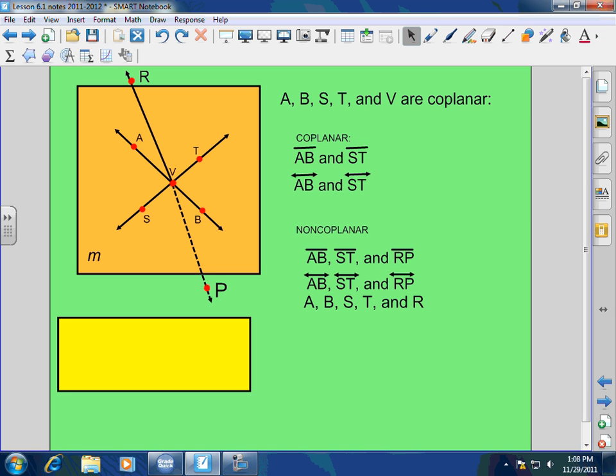The question was, if it's outside the box, is it non-coplanar? No, that is not what I'm saying, guys. Remember that I told you that planes are infinite.